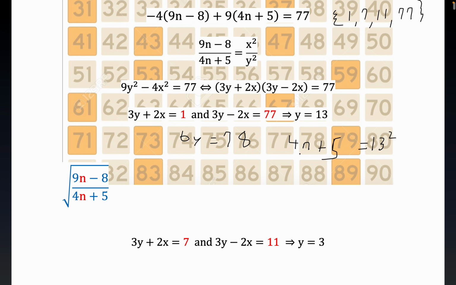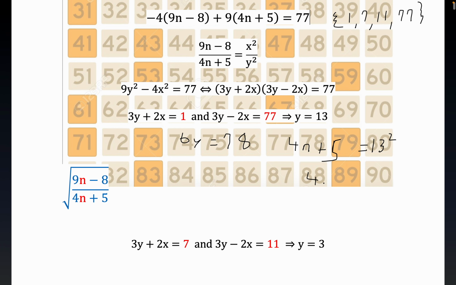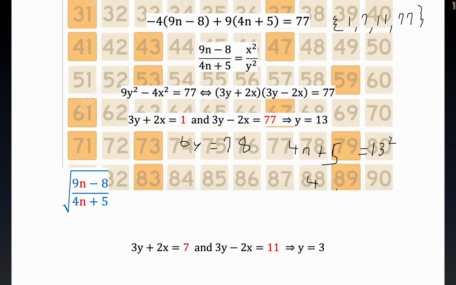And then we can put 13 right here where y squared is and equate it with this denominator. So this is 4n equals, let's see, 13 squared is 169. 169 minus 5 is 164. So we get 4n equals 164. Right? Okay, and so what that tells us is that n is equal to 41.